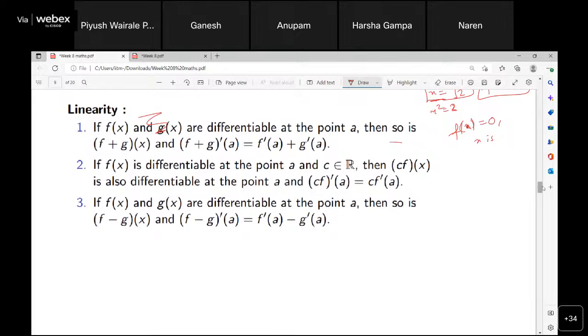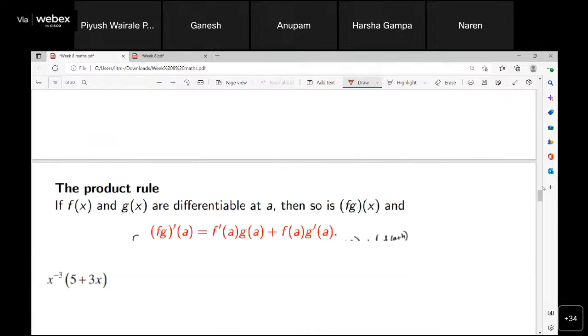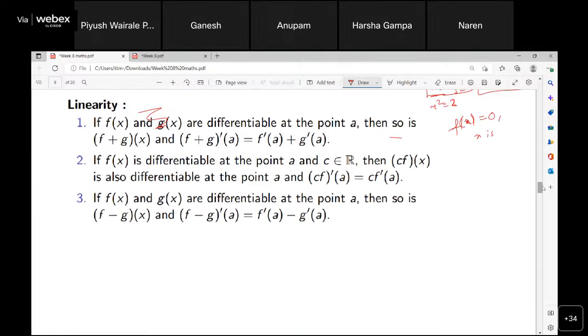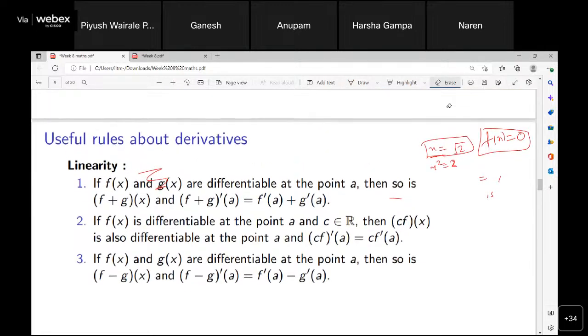Okay, so for that you should know the different derivatives, I think. First I will go through the rules. If f of x and g of x are differentiable at point a, then we can differentiate sums and differences term by term. For example, we have 3x square plus x plus 2, and we have to find the derivative of this.